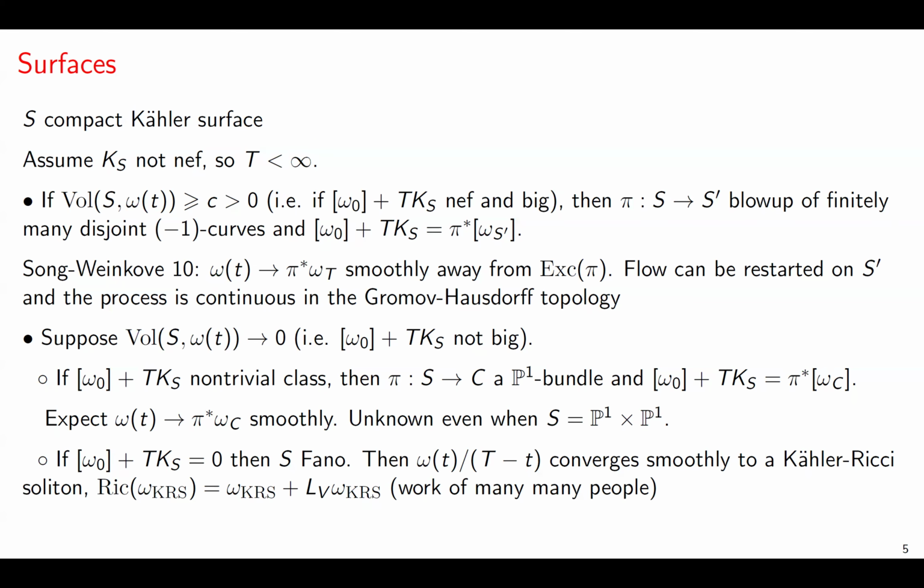And those two Gromov-Hausdorff limits are the same metric space, isometric. They are isometric to the metric completion of what I call omega big T. So omega big T lives on S minus those -1 curves. You can also think of it as living on S prime minus points. And when you take the metric completion of that, that's the time slice.